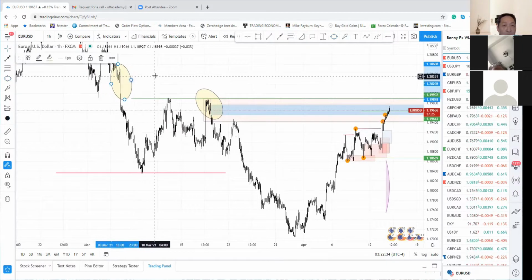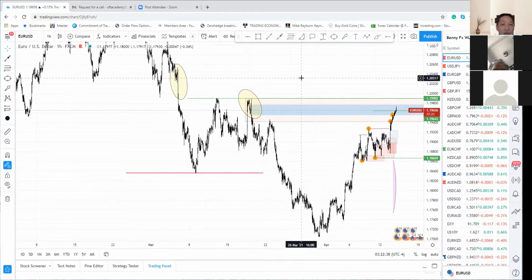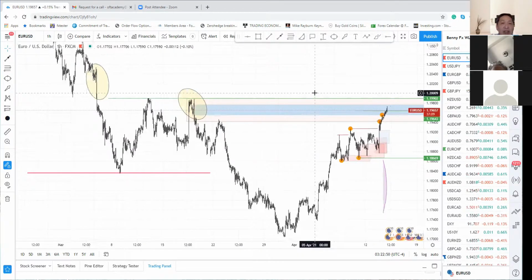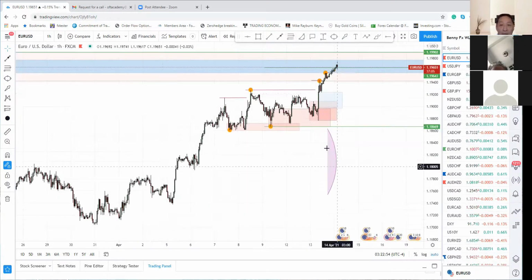All the gaps need to be filled. Why do these gaps need to be filled? Because the forex market is an efficient market. In an efficient market, we should not see gaps. That's why whenever there's a gap, in future it will be filled. Price will move there to fill the gap, because that's what an efficient market means, right? So all these gaps will be filled, and this gap will eventually be filled as well, right?